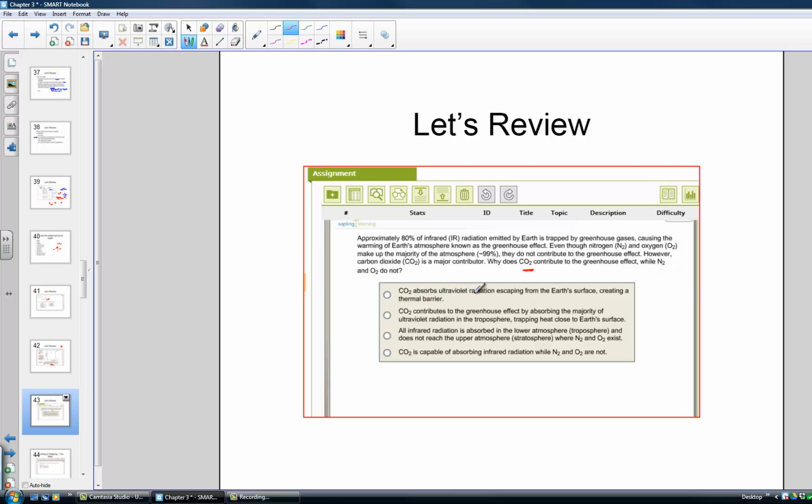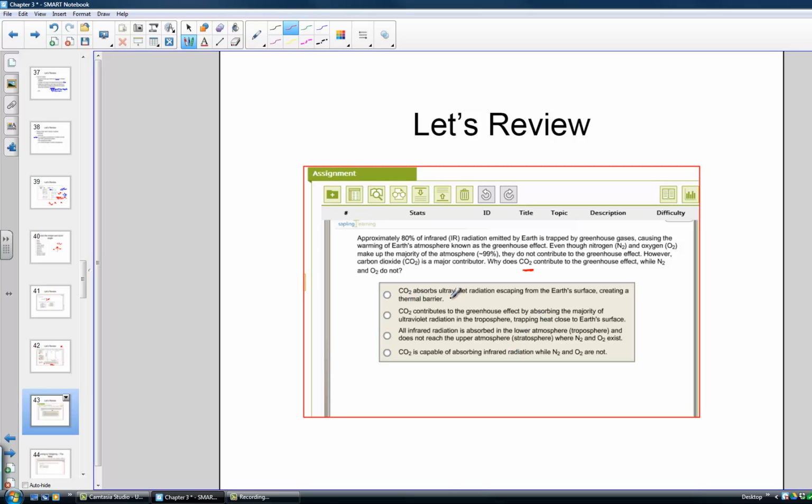Does CO2 absorb UV radiation? Does CO2 contribute to the greenhouse effect by absorbing the majority of UV radiation? All infrared radiation is absorbed in the lower atmosphere and does not reach the upper atmosphere where nitrogen and oxygen exist. That makes no sense. CO2 is capable of absorbing infrared radiation.